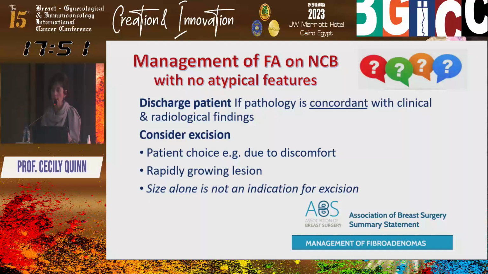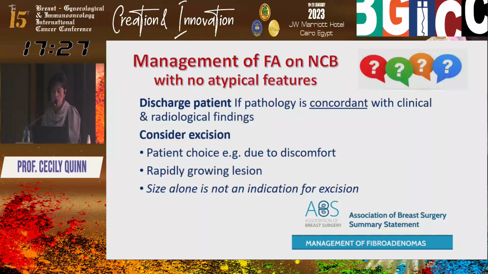If it's growing, sometimes we'll get a biopsy from somebody and diagnose fibroadenoma. Then 2 years later, they'll have a repeat mammogram and it will have enlarged. Now, it might still be a fibroadenoma, but usually in that situation, we would recommend excision. Size alone is not an indication. In our unit, we used to always recommend excision if the lesion exceeded 3 centimeters.